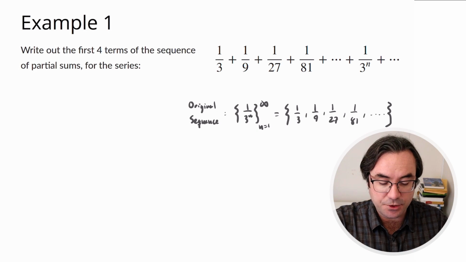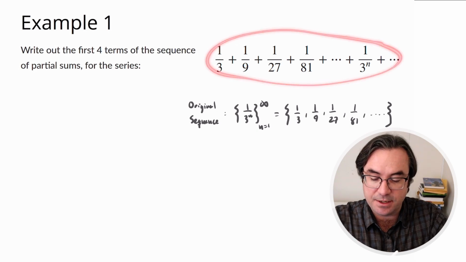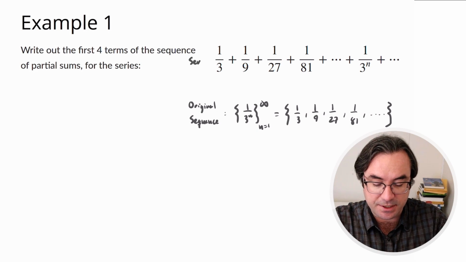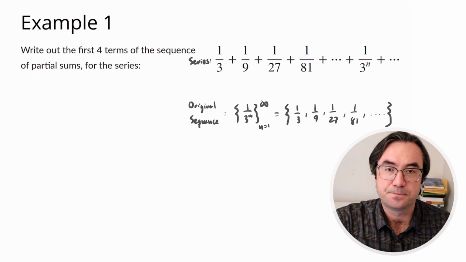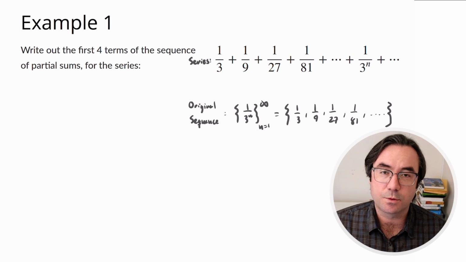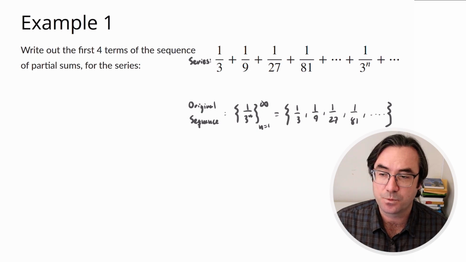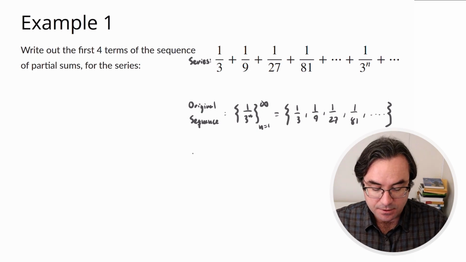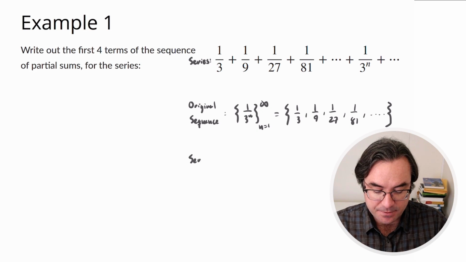What we're trying to do with this expression, which is called the series, is take our infinite list and add up all those terms. How we're actually going to do that is with our sequence of partial sums.